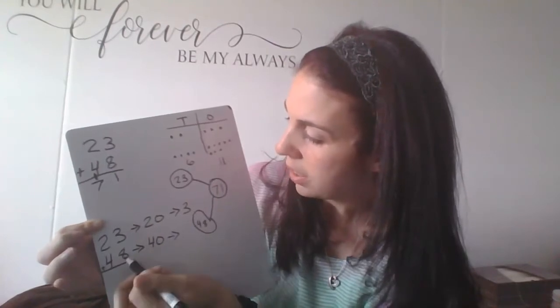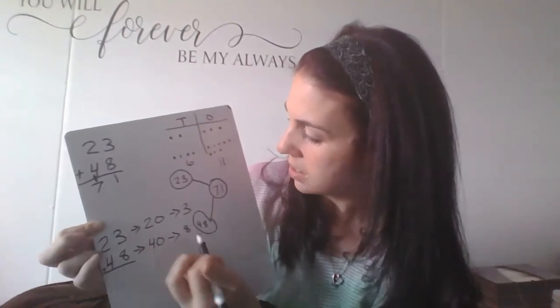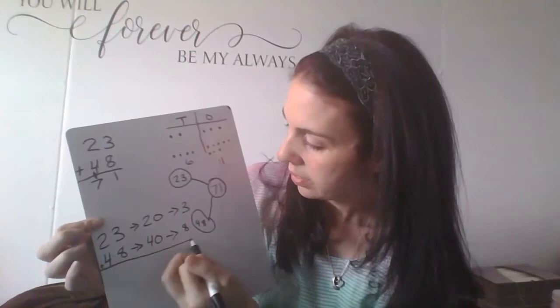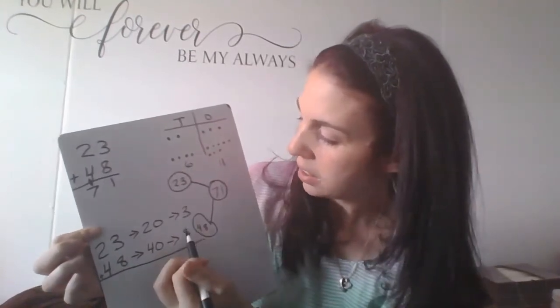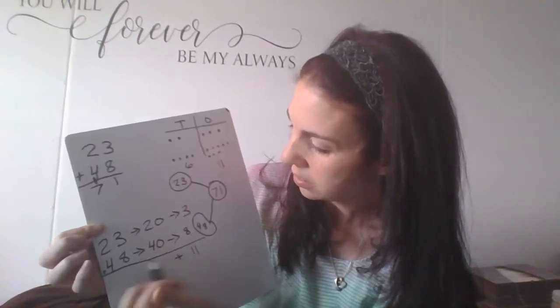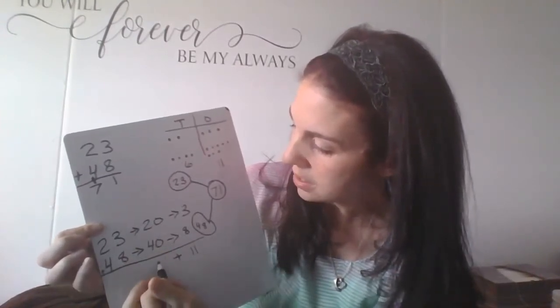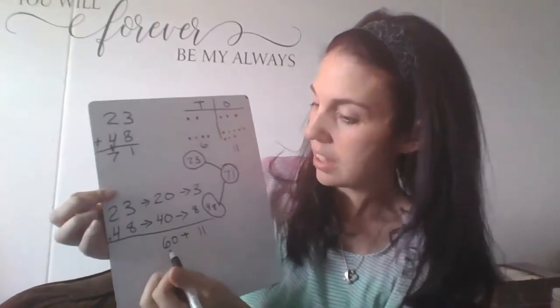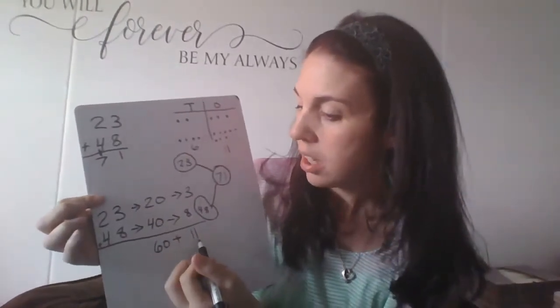You're basically just doing your 1s and 10s. And then you would add 8 and 3 is 11. 40 and 20 is 60. So there's your expanded form.